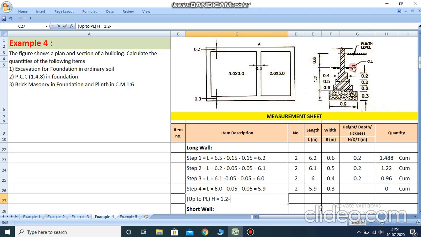So we got the value from the ground level to the second step. Clear? So 1.2 minus 0.3 minus 0.2 minus 0.2 minus 0.2. So the value we got is 0.3.